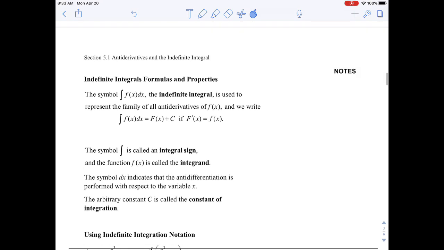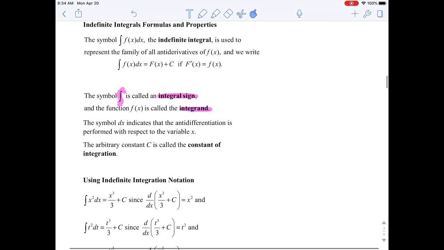So integral is just used to represent that family of antiderivatives. It's that kind of squirrely symbol. It's called an integral sign. What you're taking the integral of is called the integrand. And again, this constant at the end has a formal name. It's called the constant of integration.